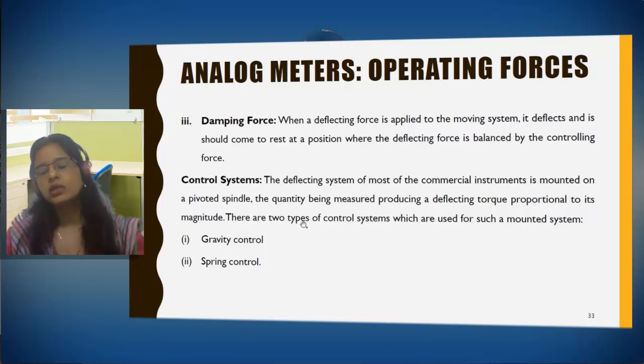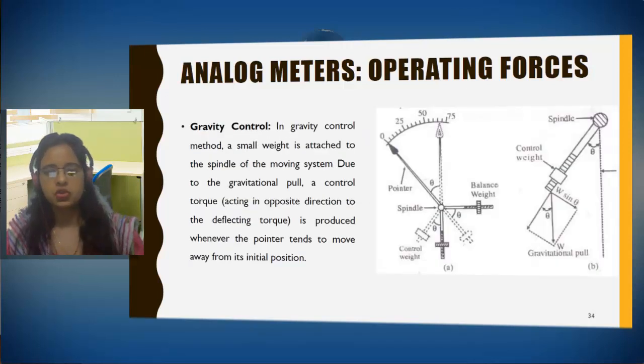Any of the 5 effects may be used to provide the initial torque, the initial force for deflecting the pointer or the moving system. So the different types of effects I have just discussed are all used in providing the deflecting force. Operating forces I have already discussed, so I'll move to the next topic.